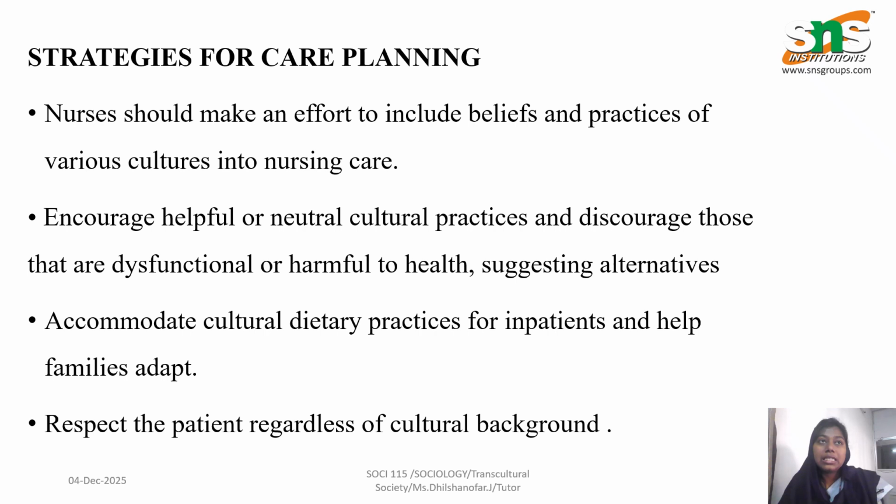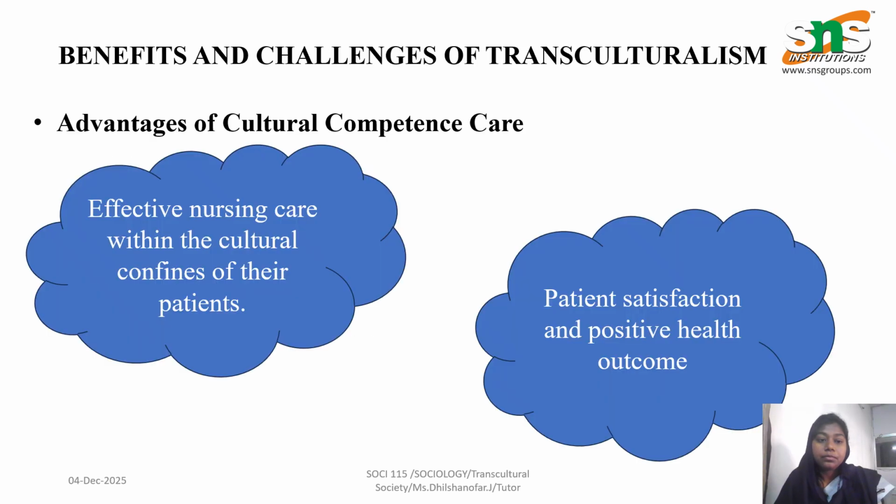Which means, for example, when a Brahmin patient comes to the hospital, if their dietary practices do not allow certain things, we should be able to identify that and give them the appropriate diet. Then respect the patient regardless of cultural background. Other than the cultural background, as a person we have to respect the patient.